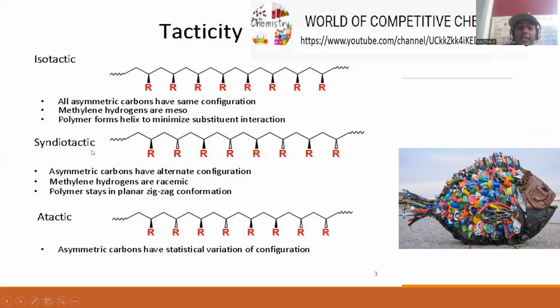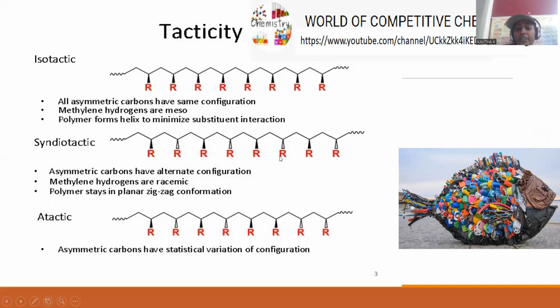Now let us see syndiotactic. Syndiotactic denotes an alternate arrangement. One of the alkyl groups is positioned towards the viewer, another alkyl completely away from the viewer. For example, this alkyl group is towards the top side, and the immediate next side chain will be exactly opposite, at the back side.